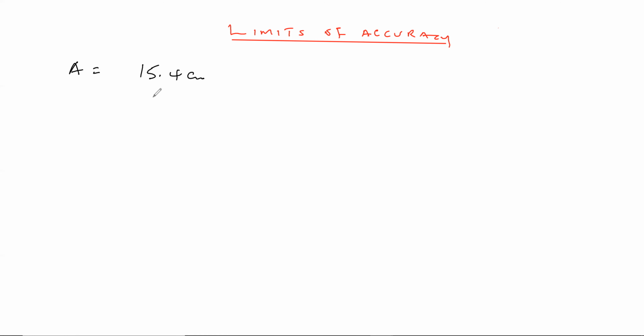But when you say 0.1 divided by 2, you get 0.05. So the absolute error of this is 0.05. We write it as plus or minus. Plus or minus, now limits come in. Plus or minus means the answer could be 0.05 less or 0.05 more than this value here, which is 15.4. So to get the limits of accuracy simply means to have the maximum and minimum of this.